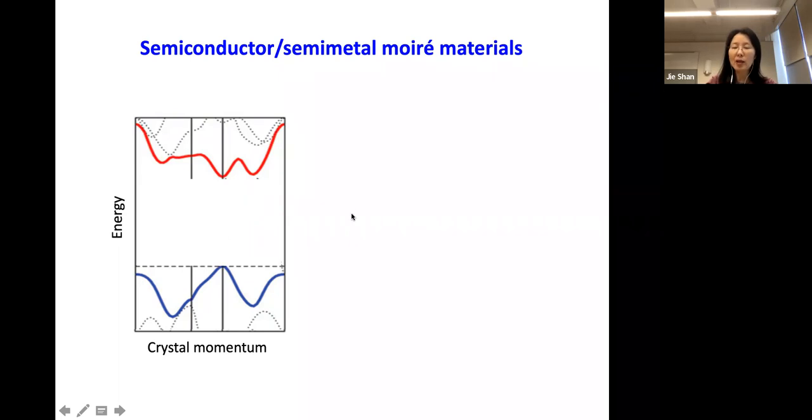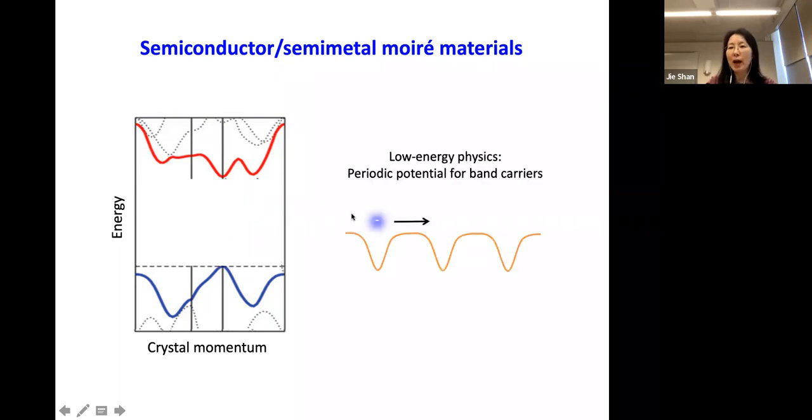So in that case, you can forget about the atomic scale, and you can just think about electrons in this moire structure as seeing some periodical potential. So this is kind of a cartoonish version of what electrons see in that interface. And this is true only when we consider low energy physics.